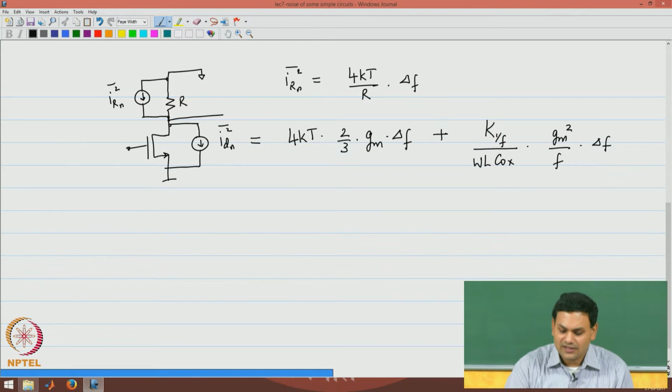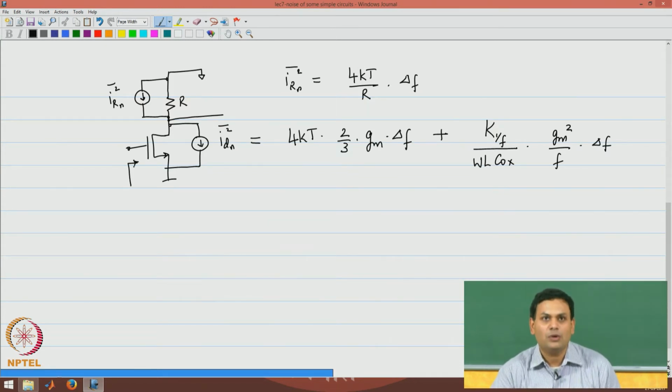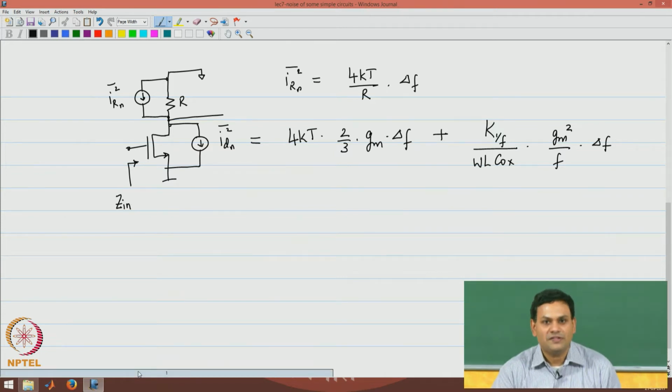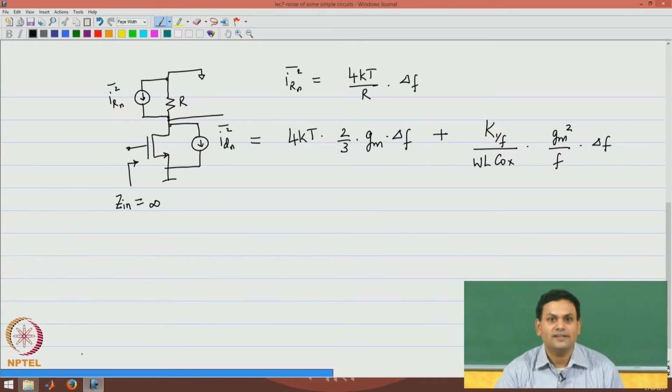As it turns out, in general a two-port network would have both an input referred noise current and an input referred noise voltage, but there are several types of circuits which have infinite input impedances. For example, this particular MOSFET has an input impedance that is infinity at very low frequencies, which means that even if there were a noise current, none of it would make its way into the circuit.